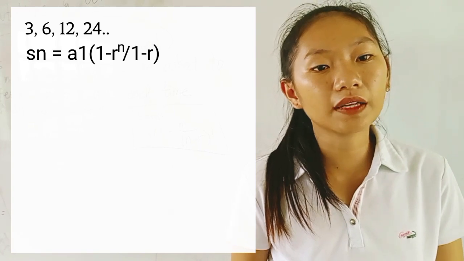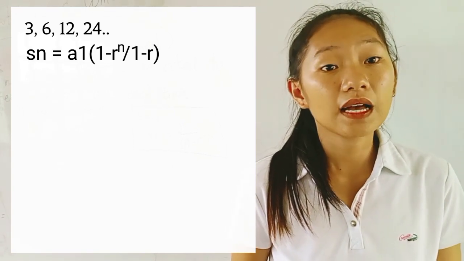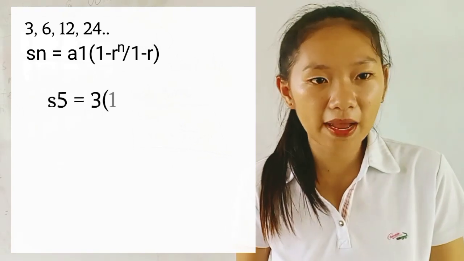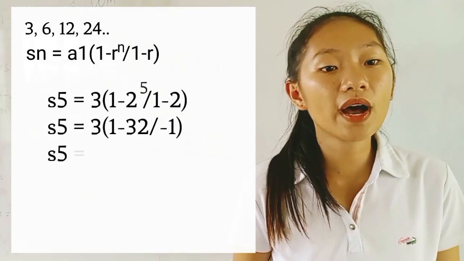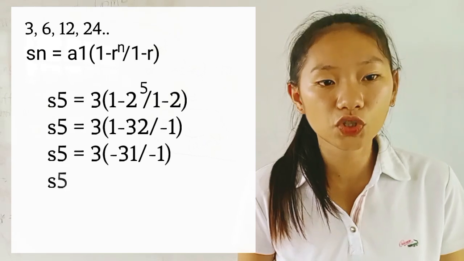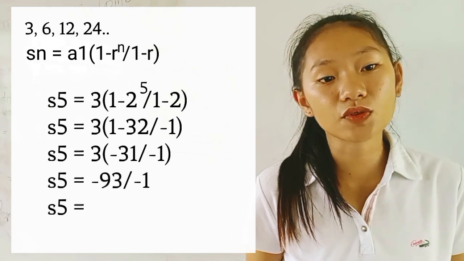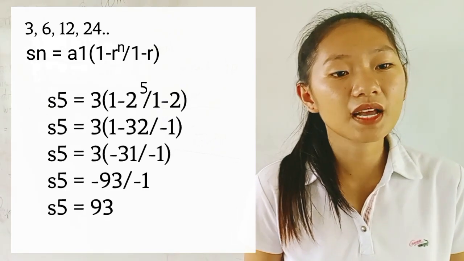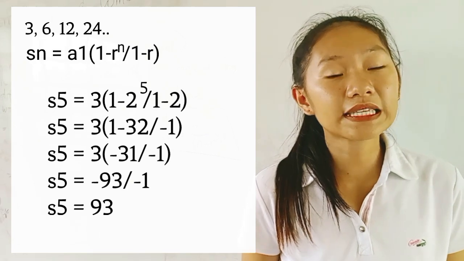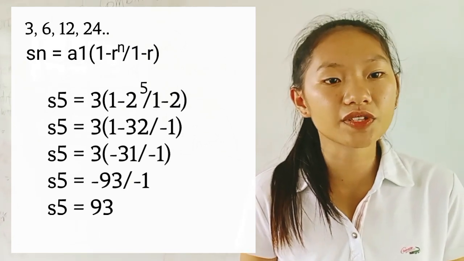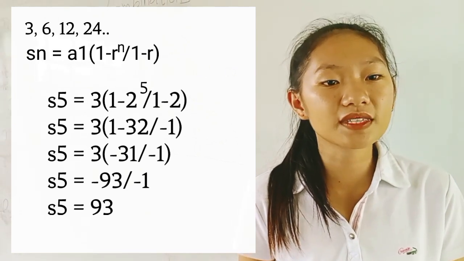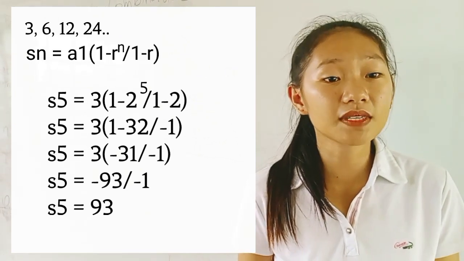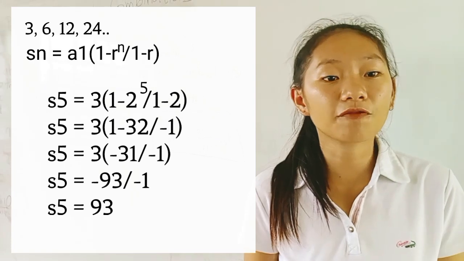So let's have the fifth term. S sub 5 is equal to 3, which is a sub 1, times 1 minus 2, which is the ratio, to the power of 5, over 1 minus 2. Next, bring down S sub 5, bring down the 3, which is our a sub 1, times 1 minus 2 to the power of 5.